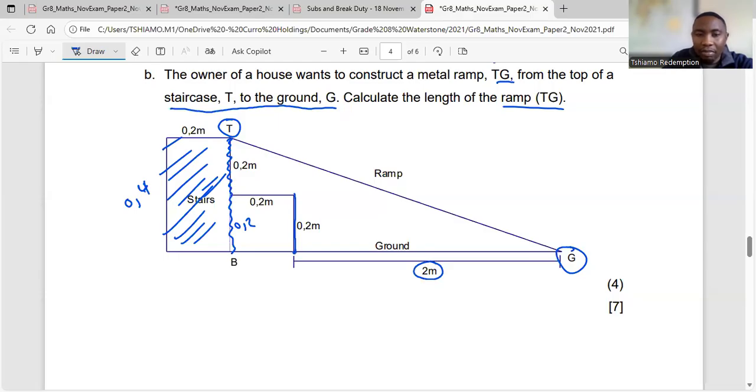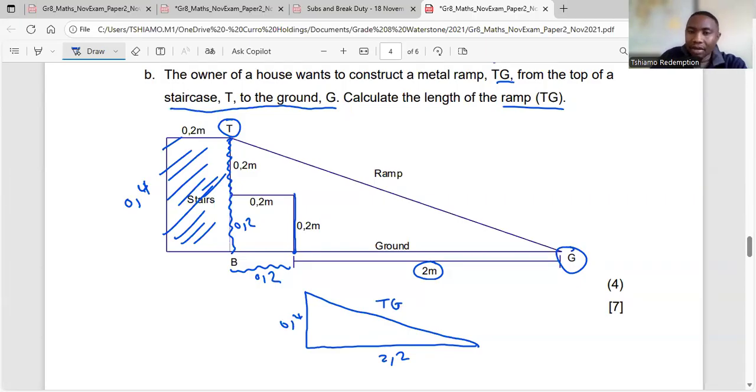And then this missing part here will be how much? 0.2. So in total, I have something like this, 2.2 and 0.4. Okay, now I'm looking for TG. So I'm just going to write this as TG.